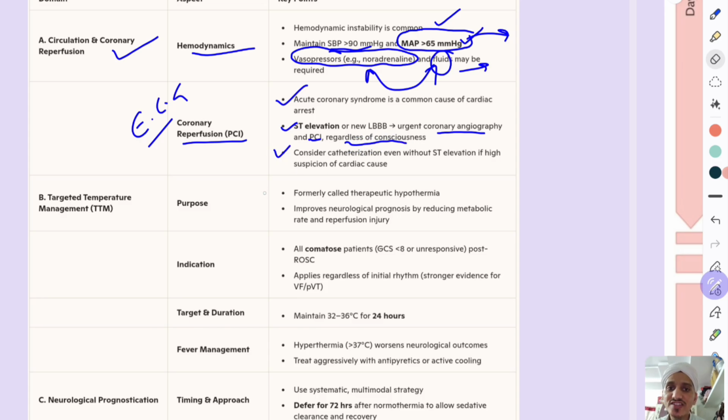Consider catheterization even without ST elevation if there is high suspicion of cardiac disease. So we should remember these in C. So A, B, C, D, E: airway, breathing, circulation, disability is nothing but care of the brain, and exposure is nothing but temperature. So we should remember these things.